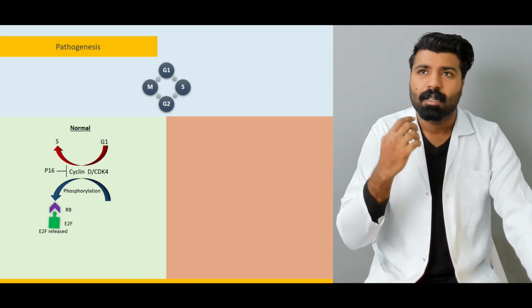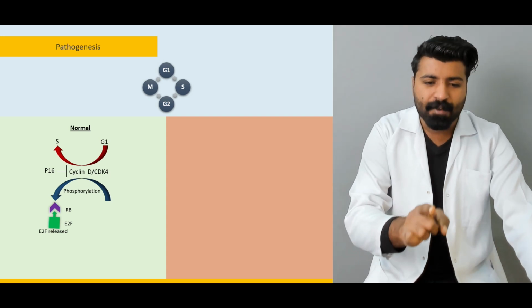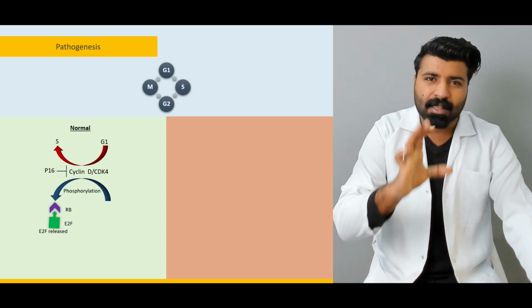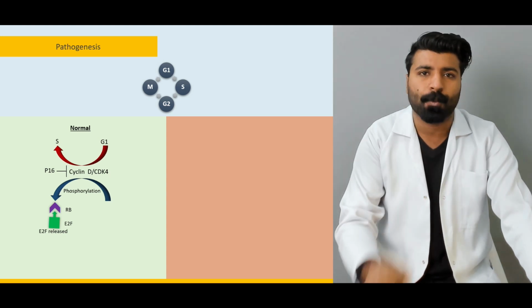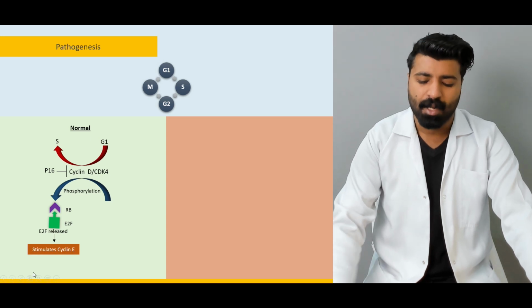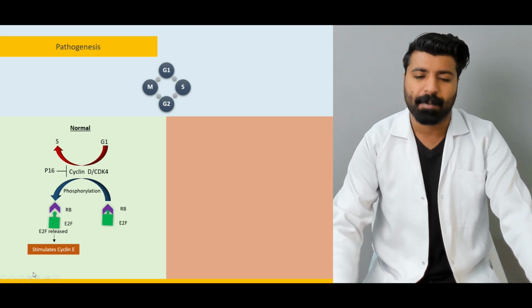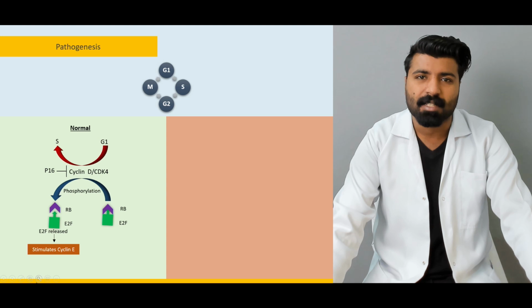If they have somehow identified there's a cancer cell, what will happen? They will do all of this process, identify that cell cycle, and put a stop to it. So what happens afterwards? Stimulation of cyclin E, and after the stimulation of cyclin E, what will happen? This cell cycle will be stopped at its birth.